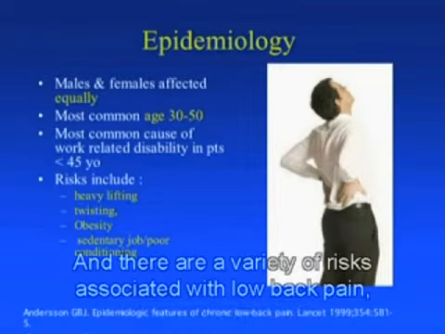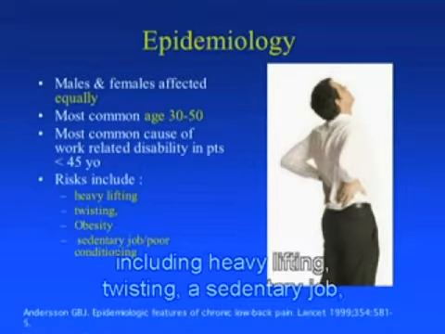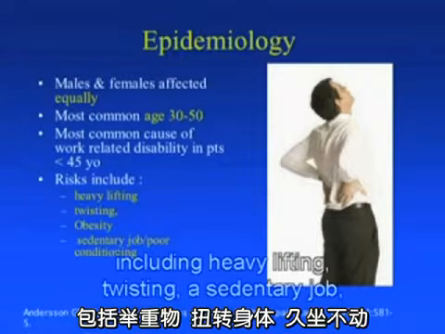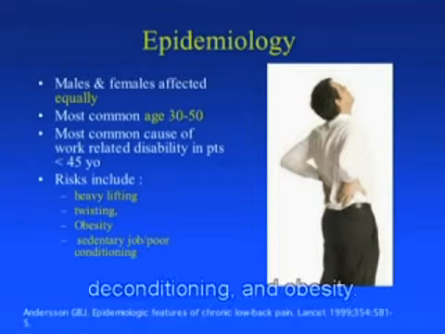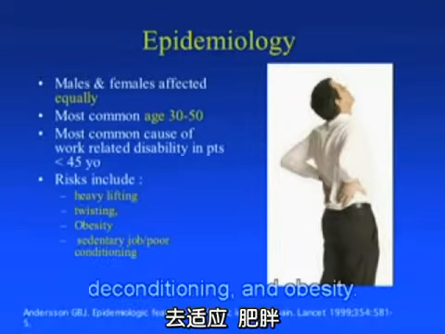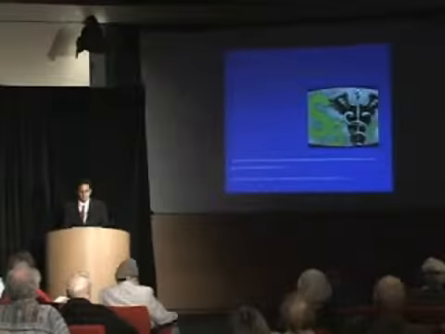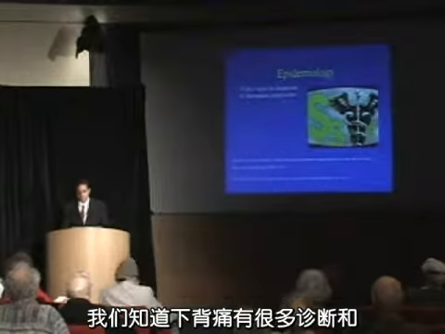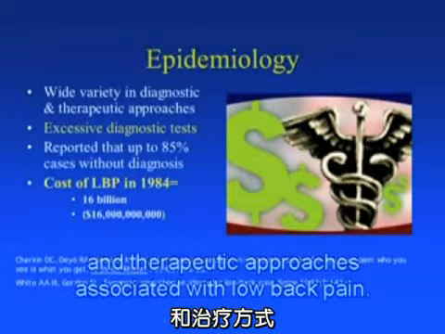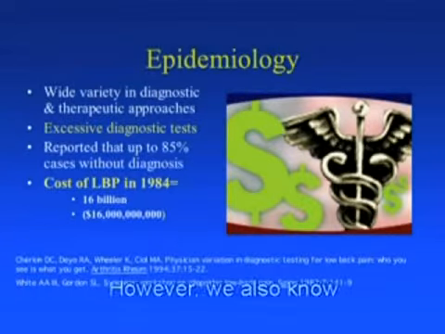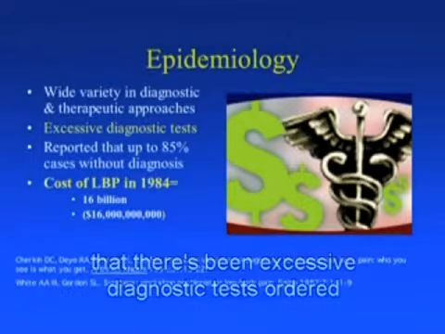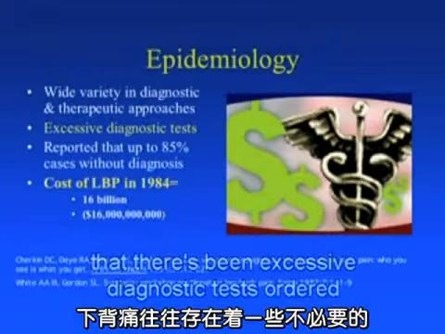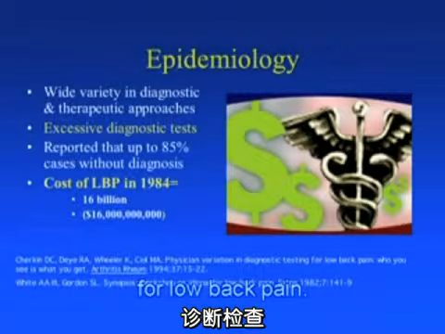And there are a variety of risks associated with low back pain, including heavy lifting, twisting, a sedentary job, deconditioning, and obesity. We know that there's a wide variety in diagnostic and therapeutic approaches associated with low back pain. However, we also know that there's been excessive diagnostic tests ordered for low back pain.